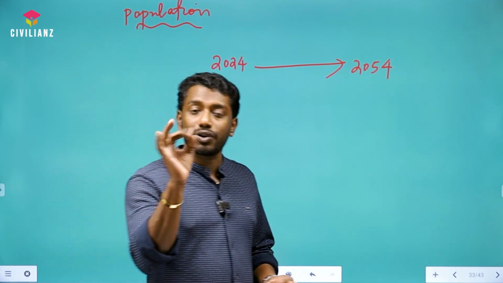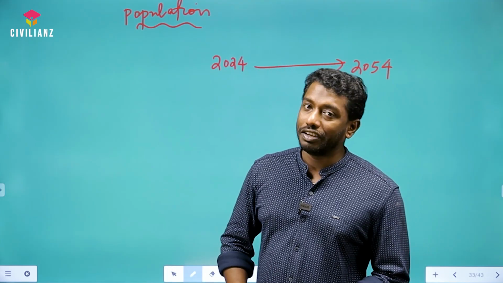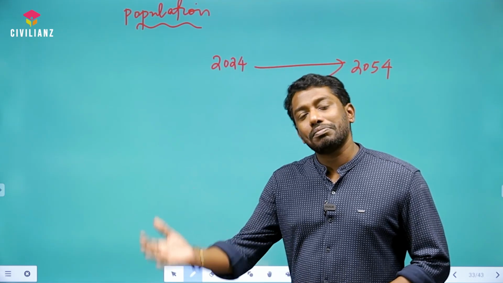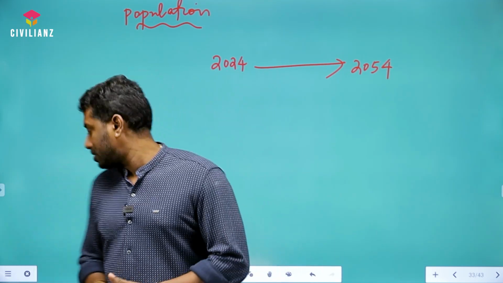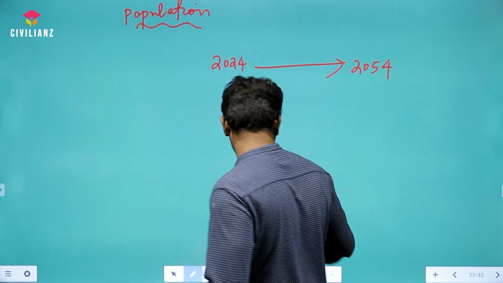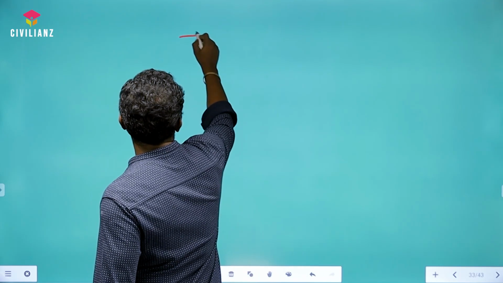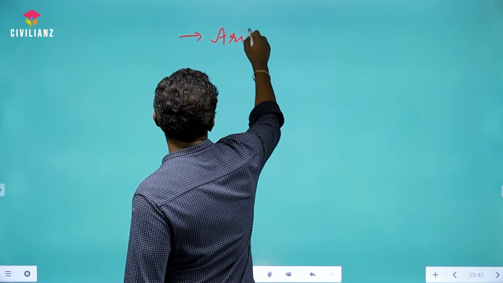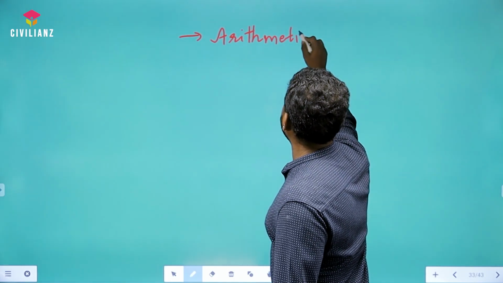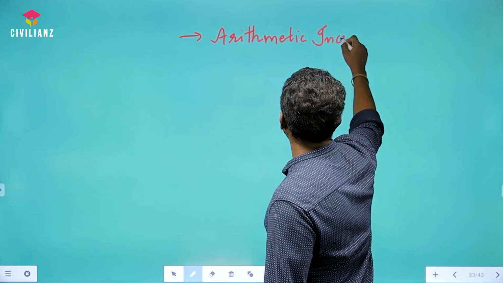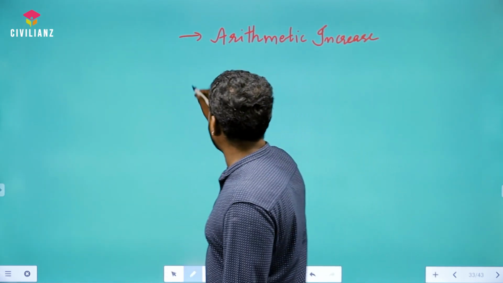So we have to forecast the population of 2054. There are many ways for forecasting population. We have the arithmetic increase method. You all must be familiar with this name. Some might study it as the arithmetic mean method, that's also correct.